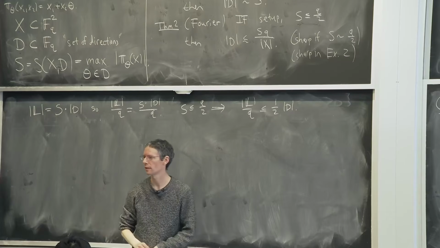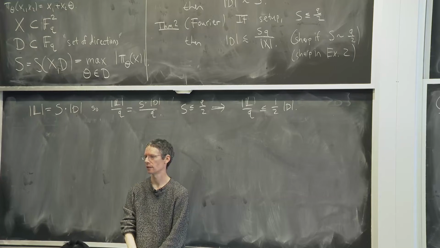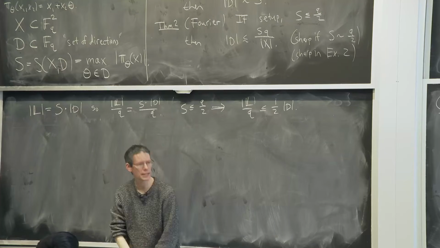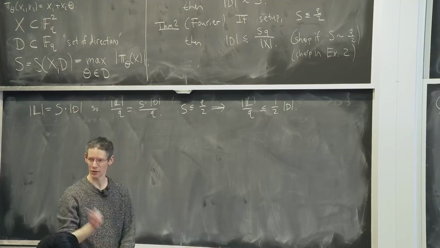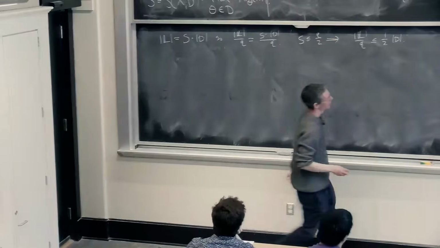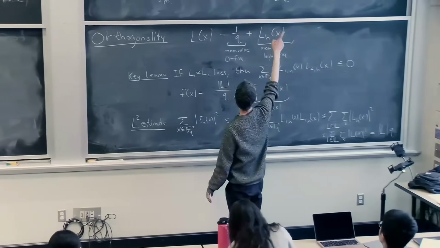Yeah? For the equality L equals S times D, does that assume that every set of lines is the same size? Because I thought that they could be different sizes. Yes, right. That's a good technical catch. In each direction, I have at most S lines.